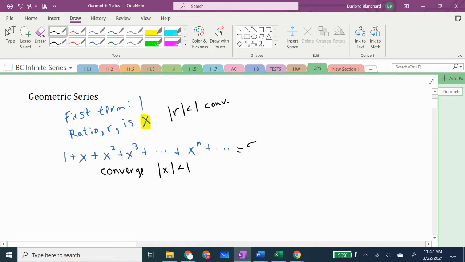And I'm going to write it in sigma form. X to the n. However, this is starting at n equals 0. Previously, when we saw the geometric series of constants, the formula started at n equals 1.